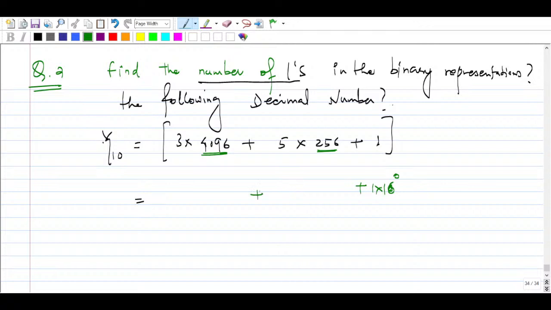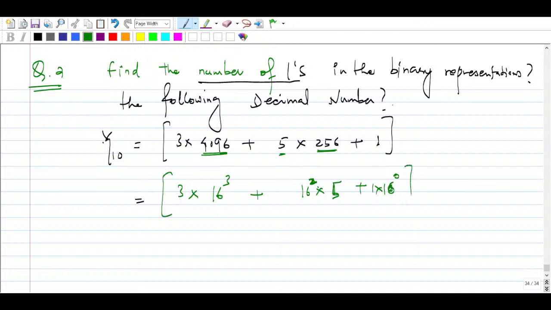Here you can say that next should be 16 to the power 0, you can say 2 into 1, right? And then here they have given 5, because 16 into 16 you can find out.